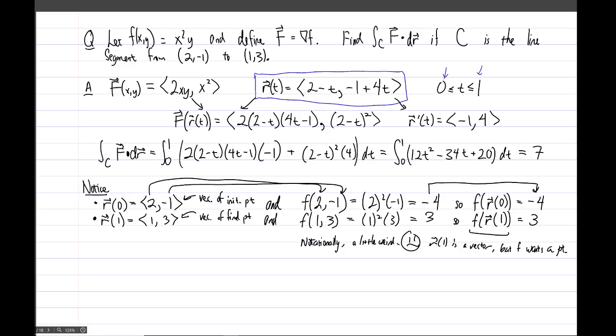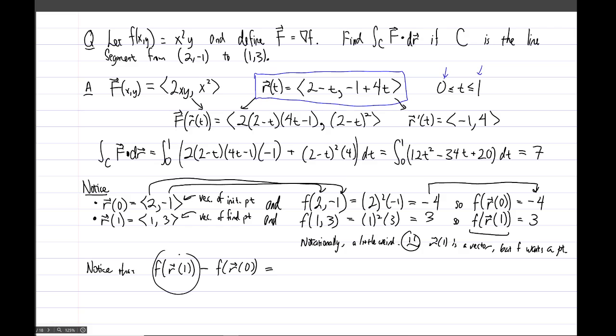But the thing that I'd like you to notice is the following. In this new notation, f of vector r of 1 minus f of vector r of 0.